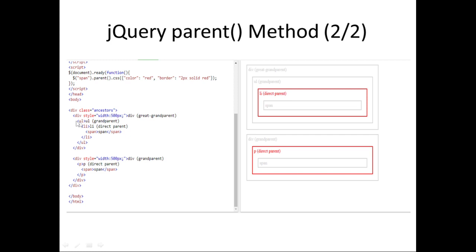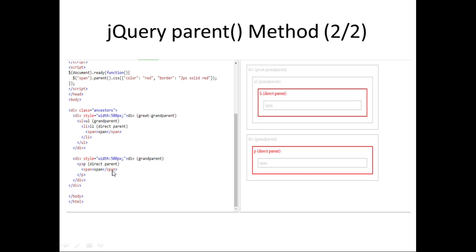If you look at this code, we have here a division that ends here and another division that ends here. Inside this division, we have UL, LI, and span. And here another division, with a paragraph, and inside the paragraph we have span.